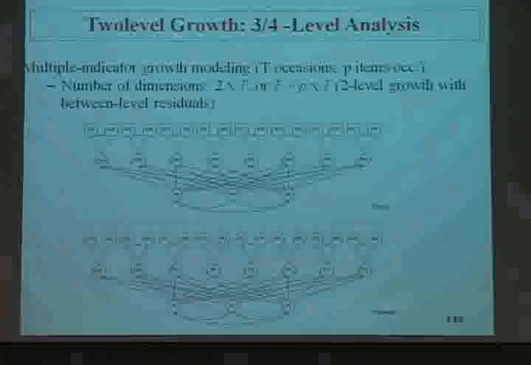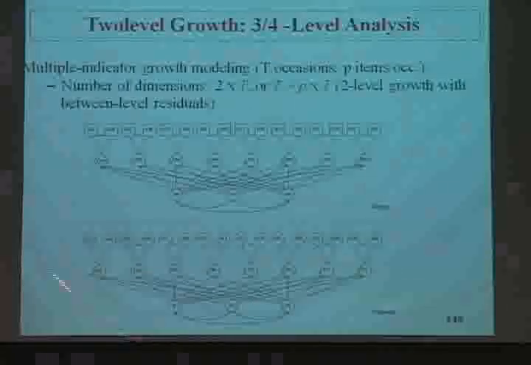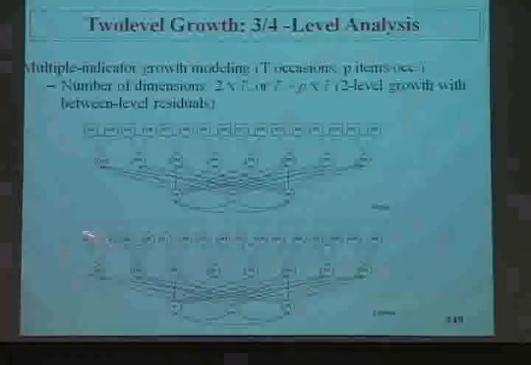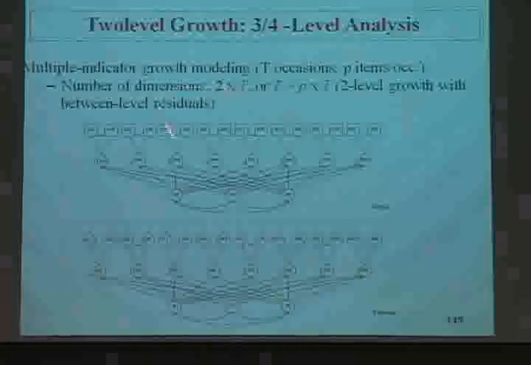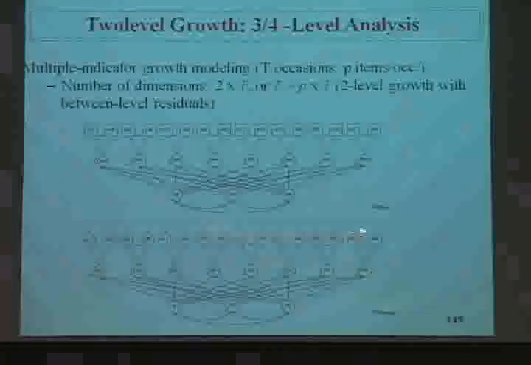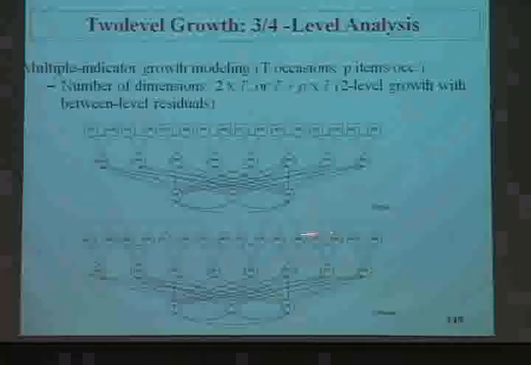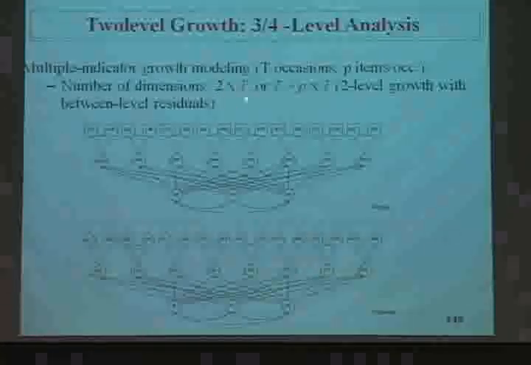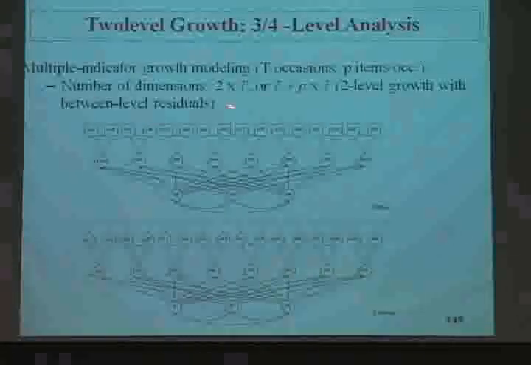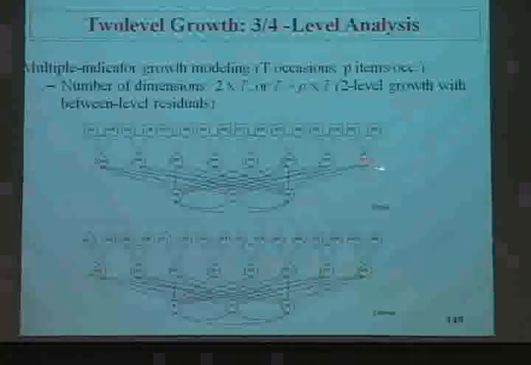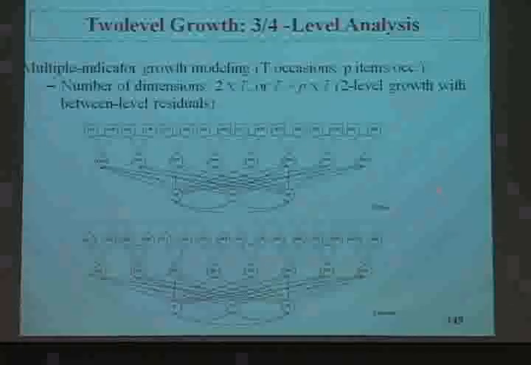And if you count the number of dimensions of integration you're going to be using here, if you don't have residual variances on that second level, which is optional, you're going to have 2 times t dimensions of integration for each of these factors. In this particular case, it's going to be 16.